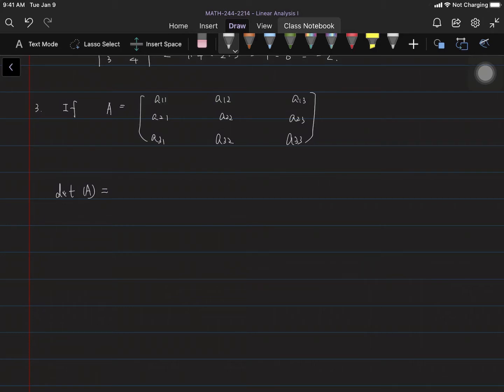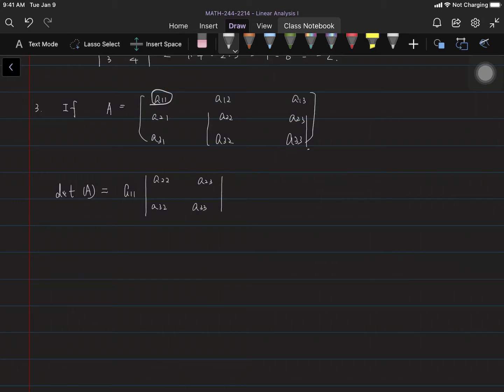We use the first row to expand the whole thing. So it's going to be A11 times, after we delete the first row and first column, what's left? Look at mine. It is going to be times the determinant of the 2 by 2, A22, A23, A32, A33.